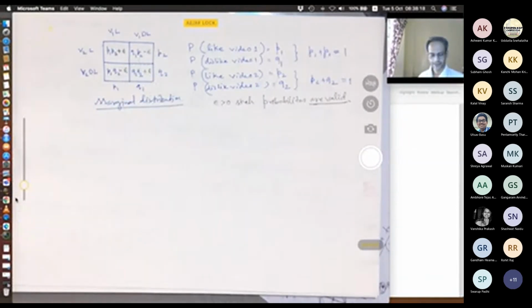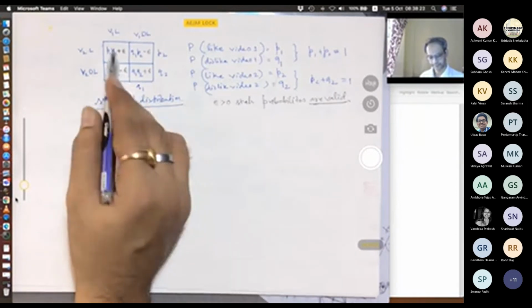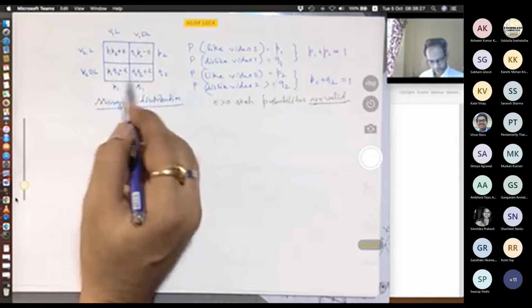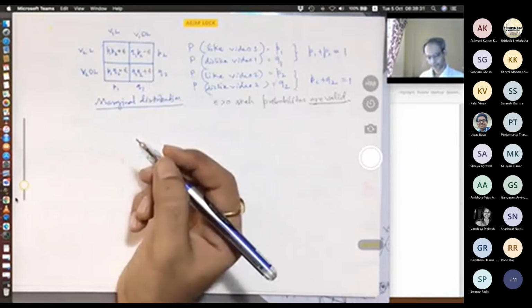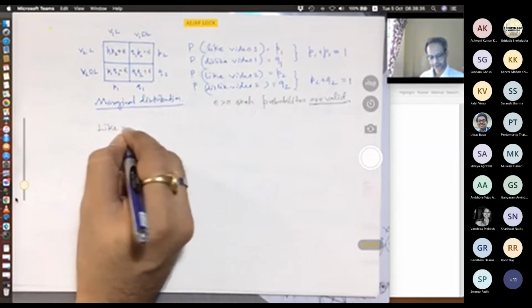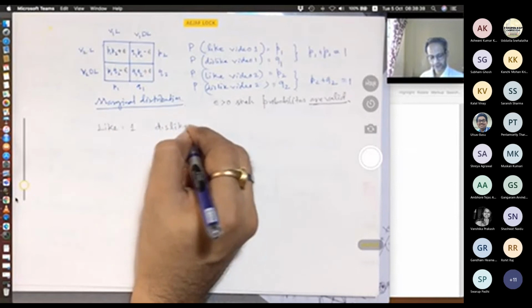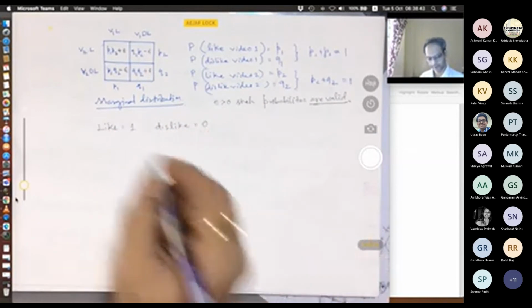Now you can see that with this structure, if I say that like is 1 and dislike is 0, as you define the random variable.